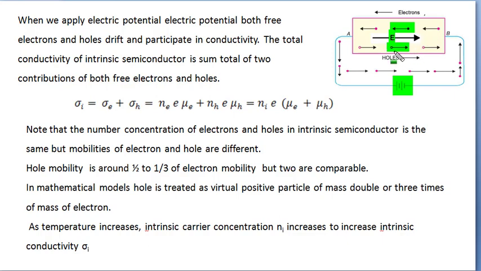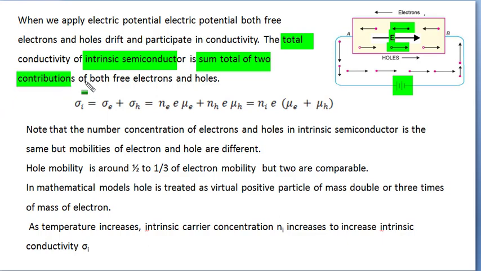Now when a hole drifts, it means some bonded electrons are moving in the opposite direction. So in semiconductor we have both free electrons and bonded electrons, through hole positions, participating in electric conduction, and the total conductivity of intrinsic semiconductor is the sum total of two contributions, one from free electrons and one from holes.